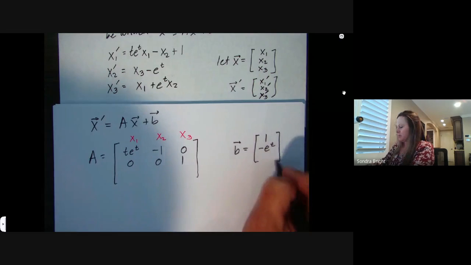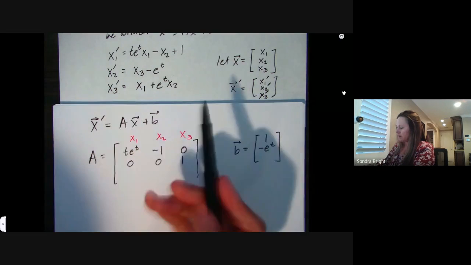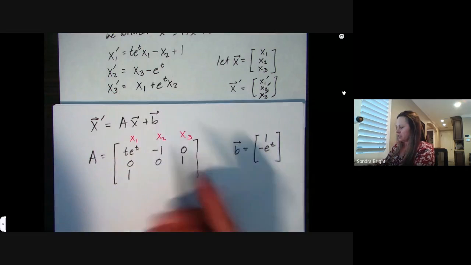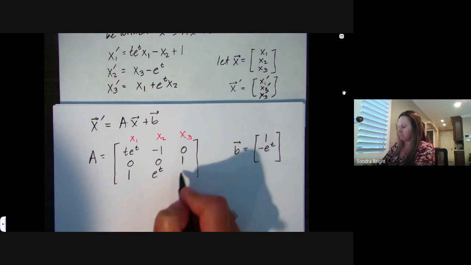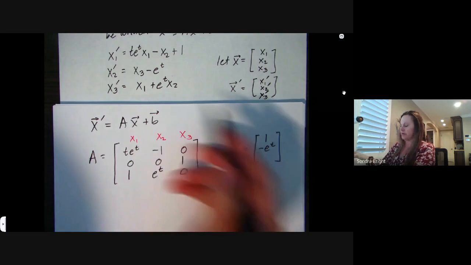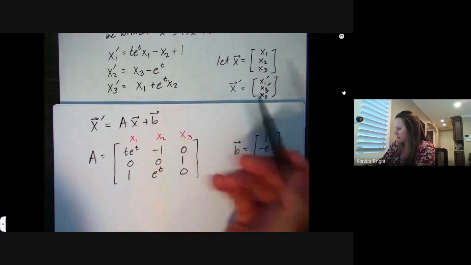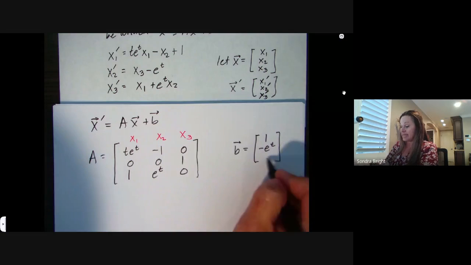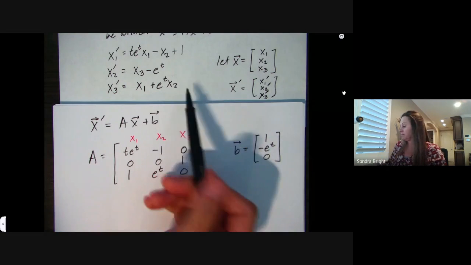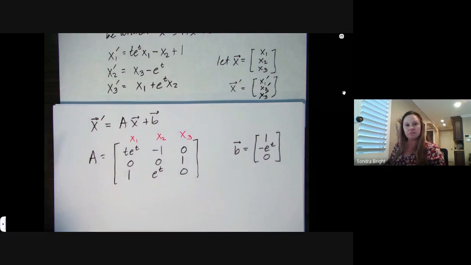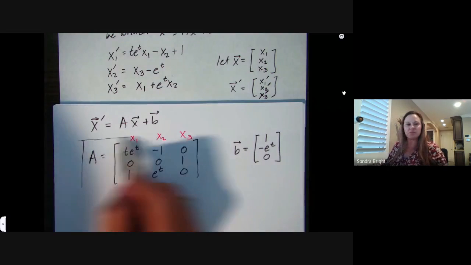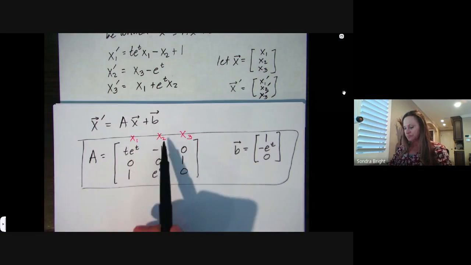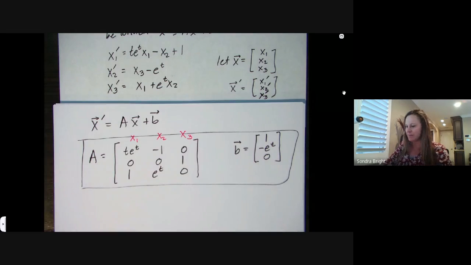For x3 prime, we've got a 1 as the coefficient on x1, e to the t as the coefficient on x2, a 0 on the x3, and there's nothing after that, not attached to an x1, x2, or x3. There we go. They just wanted us to write matrices A and B. Obviously, you don't need the x1, x2, x3 up there. I just wrote it to help you see where I'm getting these from.